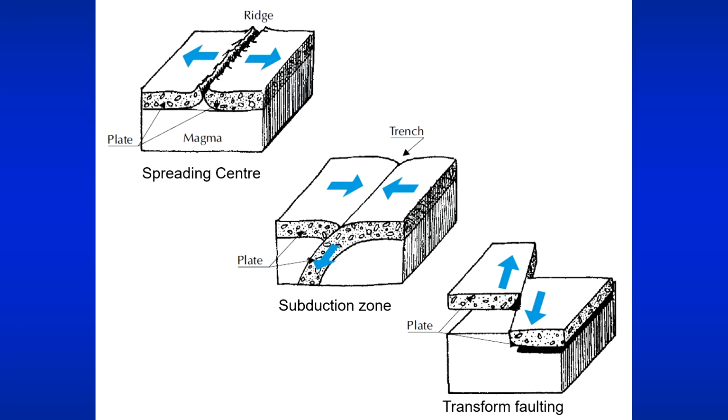So, this part we have already discussed, that we have spreading centers, and we have subduction zones, and we have transform faulting or transform boundaries. Okay.